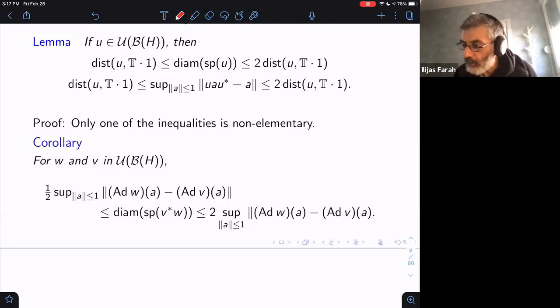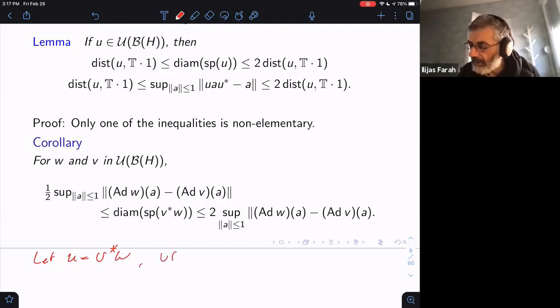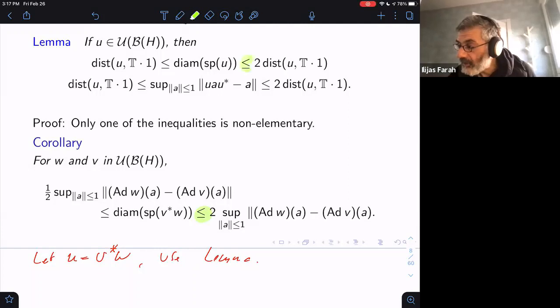Now, how do we prove this? Well, of course, first let U be V*W, and we'll use the lemma. To prove this inequality here, this is the diameter of the spectrum of U, it is less than or equal to 2 times the distance from U to T times 1, and the distance from U to T times 1 is less than or equal to this supremum, which is exactly this.